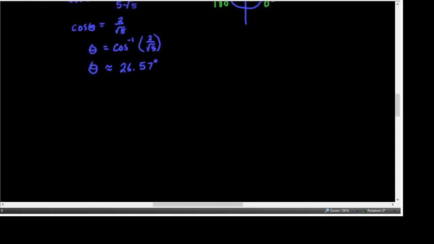All right, let's do another example. This is example B. Let's let U be 2, -6, and let's let V be 6, 2.